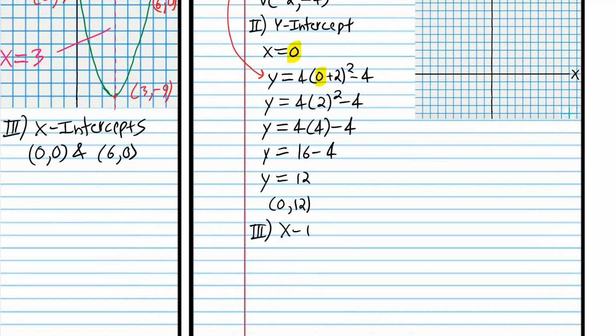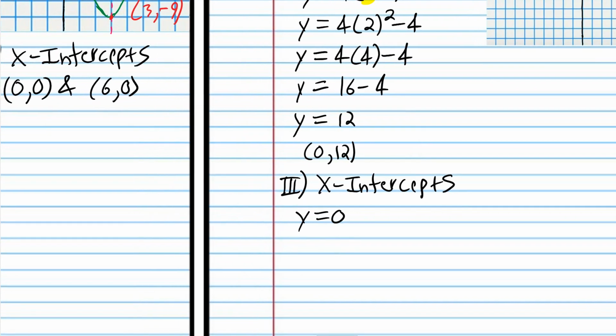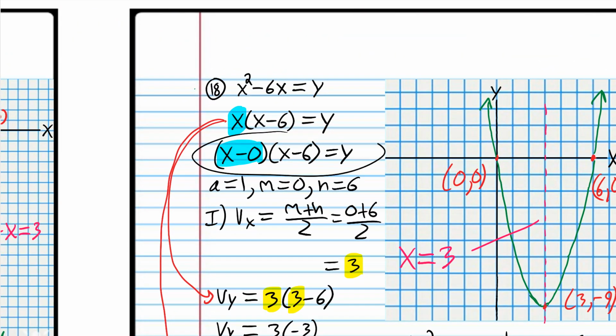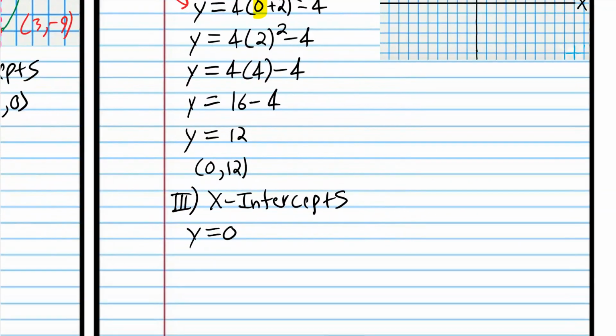Now we're going to find the x-intercepts. To do that, we let y equal 0. In the previous problems, we didn't write this because it's just understood that if we have our equation in intercept form, we can see the x-intercepts. We don't have to go through this whole process of letting y equal 0 and so on and so forth.